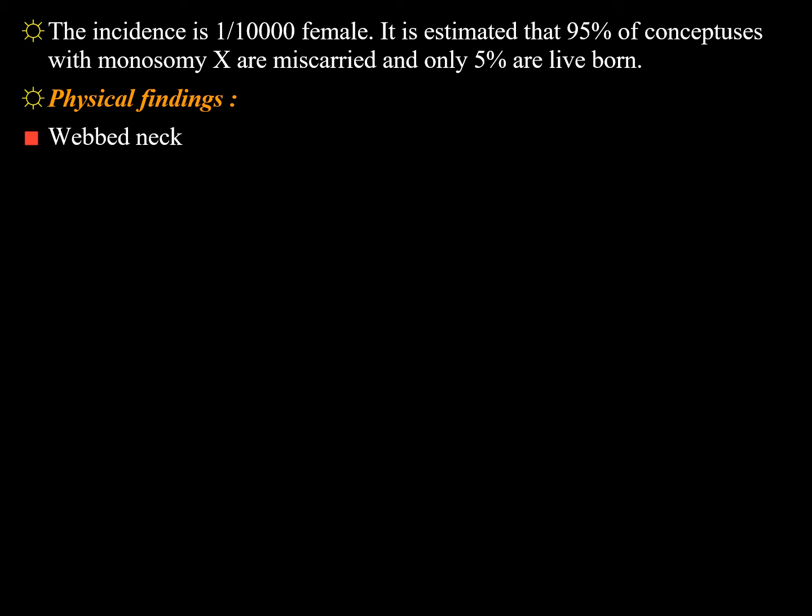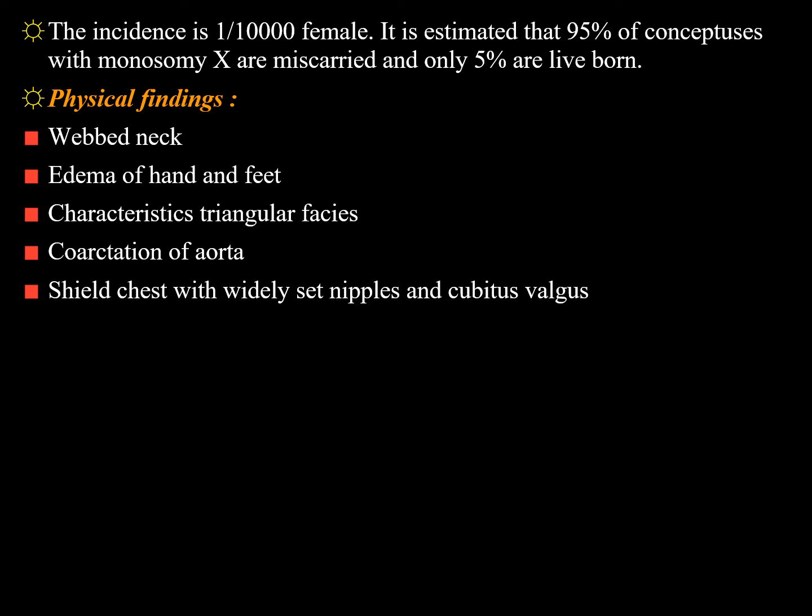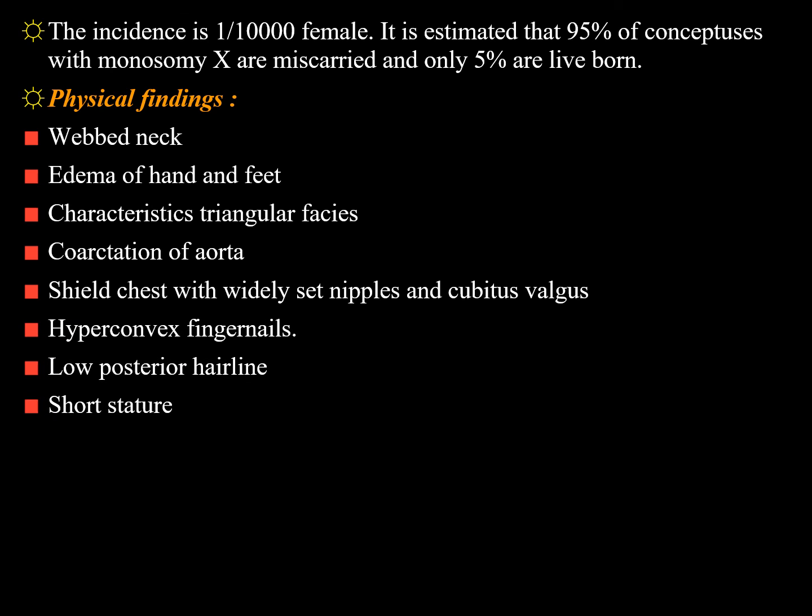Physical findings include webbed neck, edema of the hands and feet, characteristic triangular face, and coarctation of the aorta, which is very important. Chest with widely set nipples and cubitus valgus, hyperconvex fingernails, low posterior hairline, short stature, streak ovary.